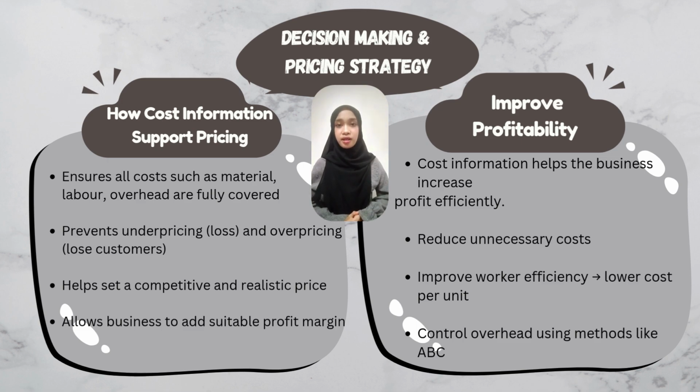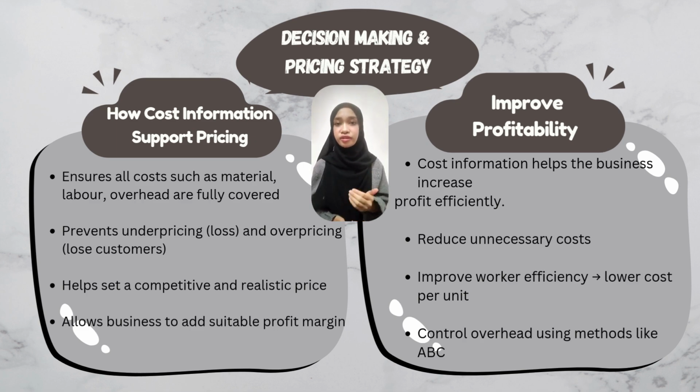Lastly, I will explain how cost information supports decision making and improves profitability. Cost information helps business set accurate pricing by including all costs such as materials, labor, and overhead. It also prevents underpricing or overpricing and ensures the business remains competitive.